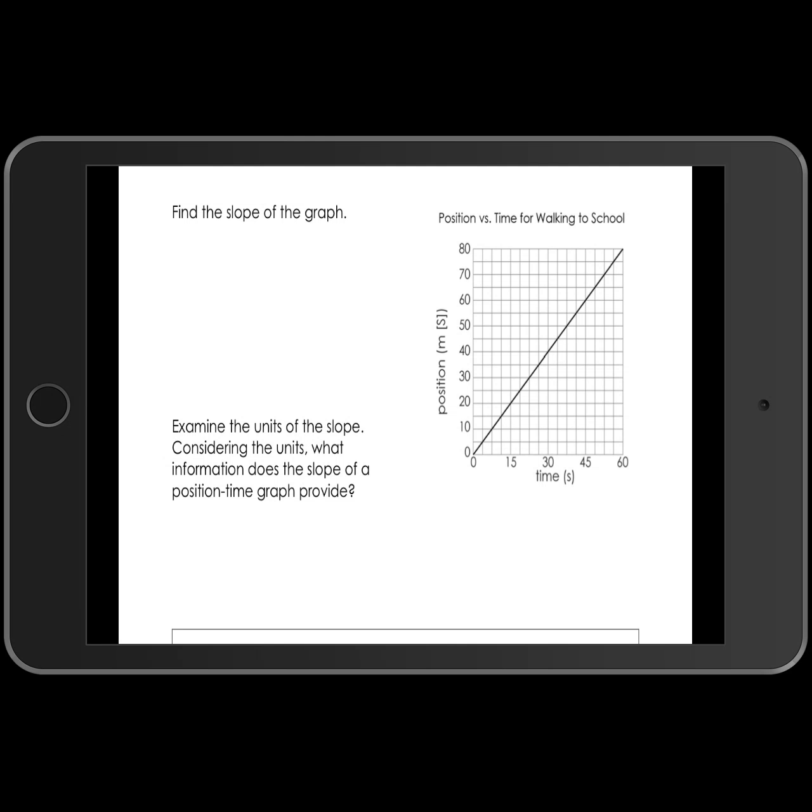The other skill that's required is finding the slope of the graph. If you remember back to math class, slope is denoted with an m, and it's rise over run.